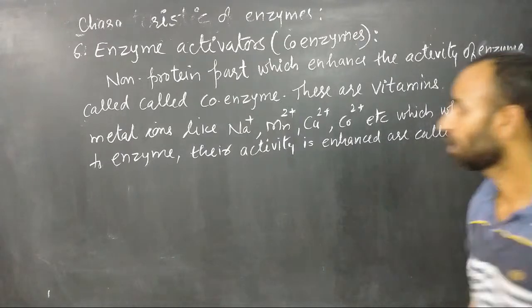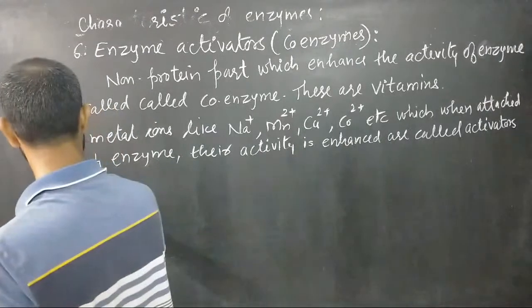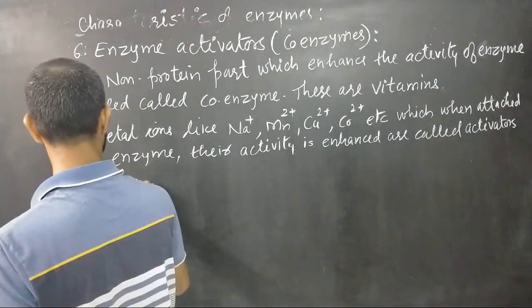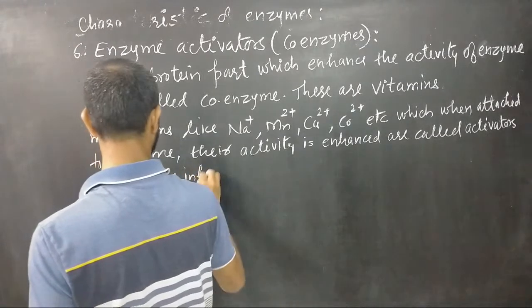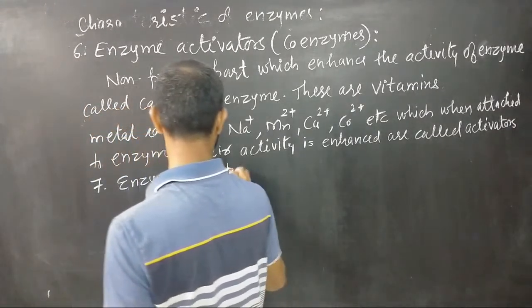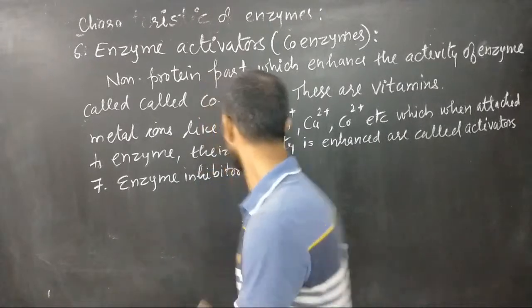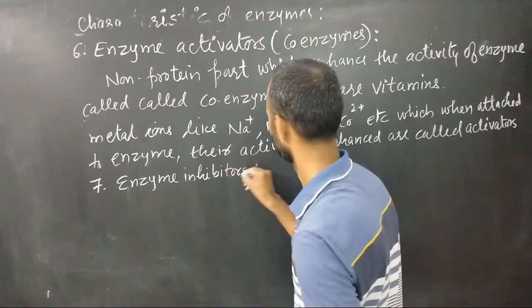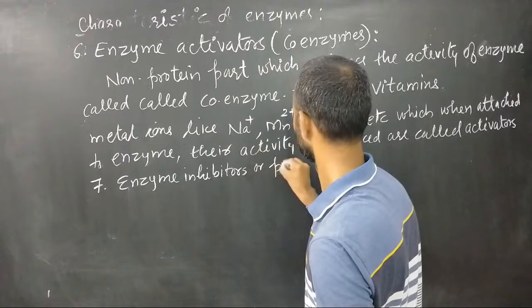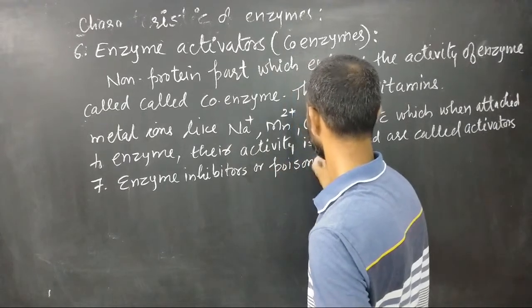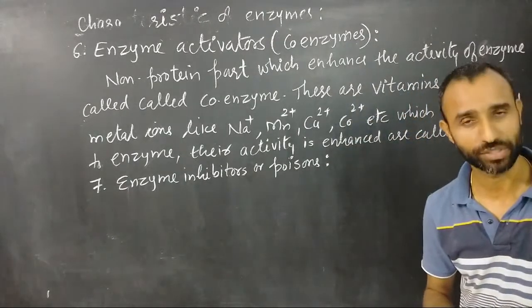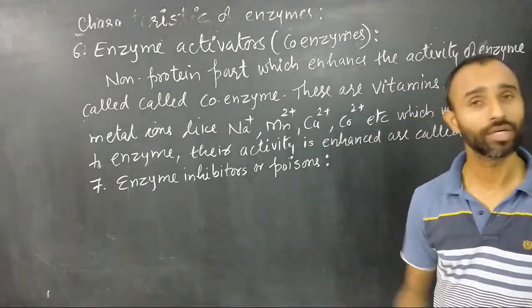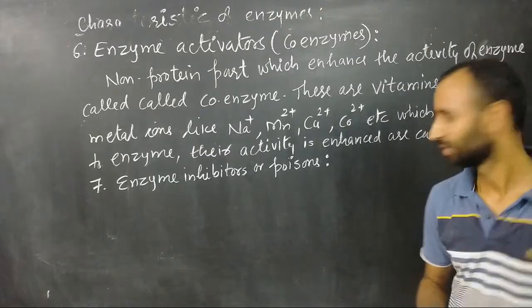Okay, now enzyme inhibitors or inhibitors are called catalytic poisons. Inhibitors or poisons. तो ये क्या करेंगे?